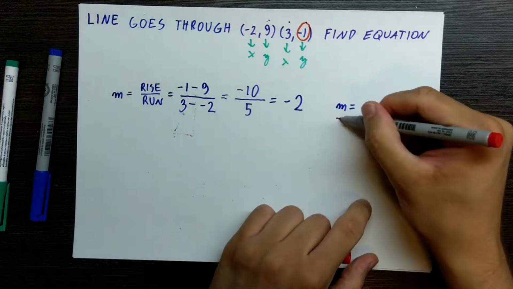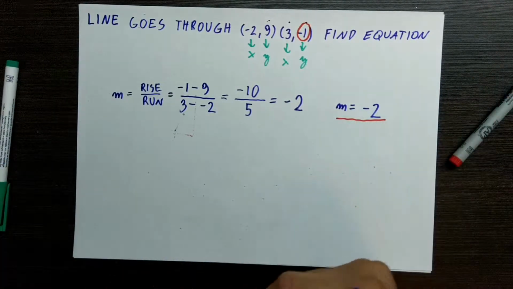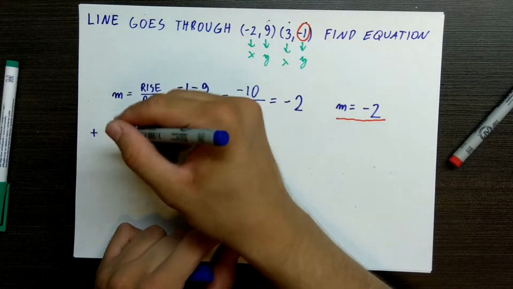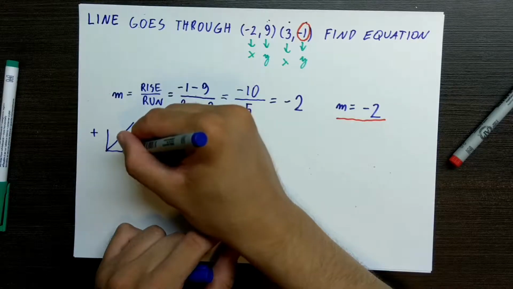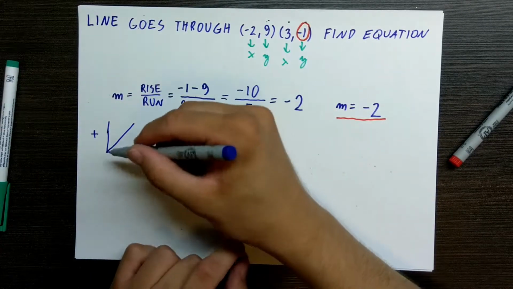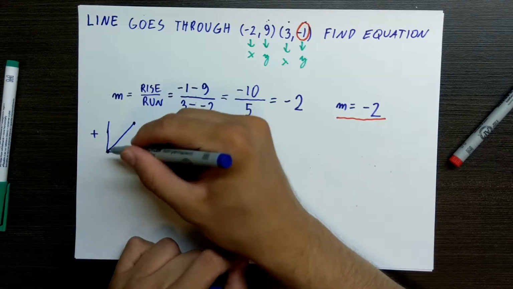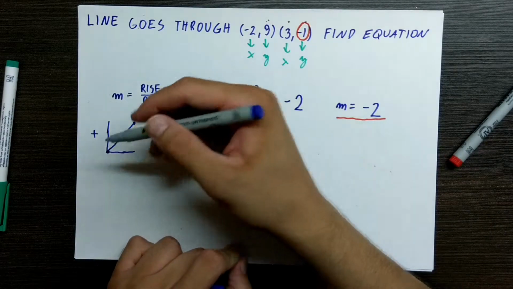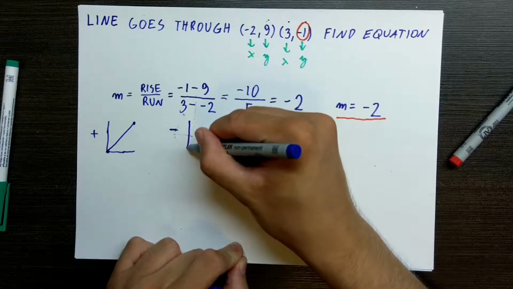Now, what does it mean? Why do we have a negative here? Well, if you think about it, positive gradient goes something like this on a graph. Now, negative does the opposite. So positive gradient, the end point will be higher than the beginning point. Whereas if we do a negative gradient, the opposite happens.